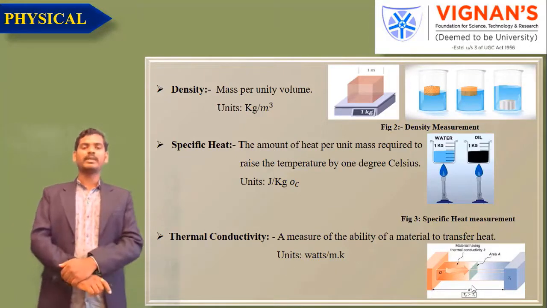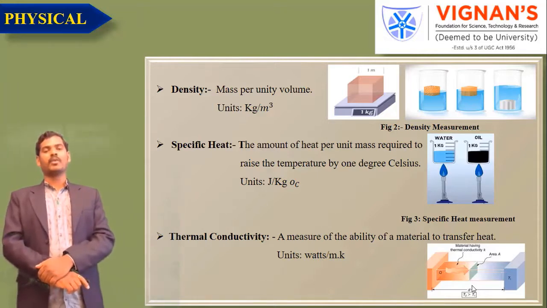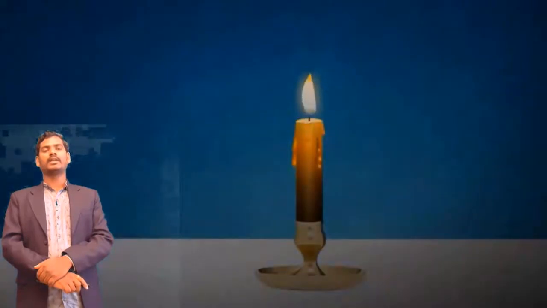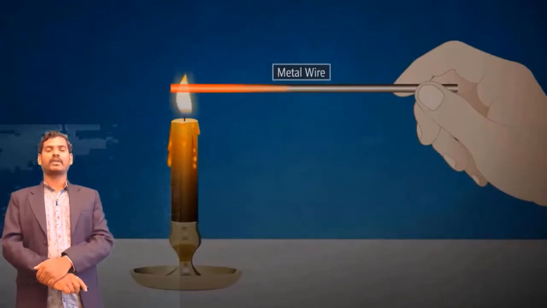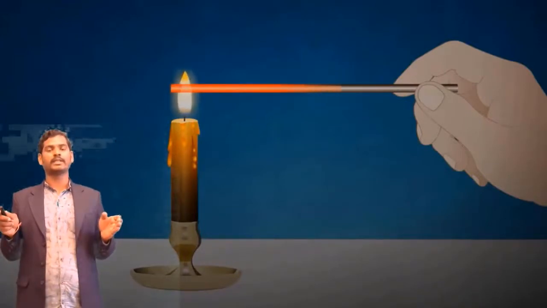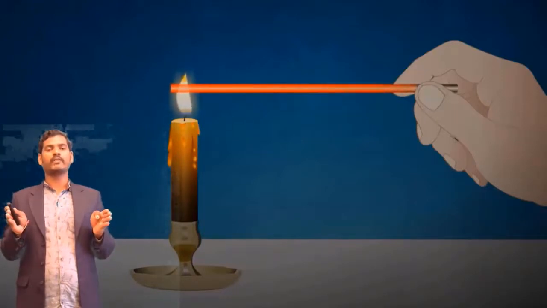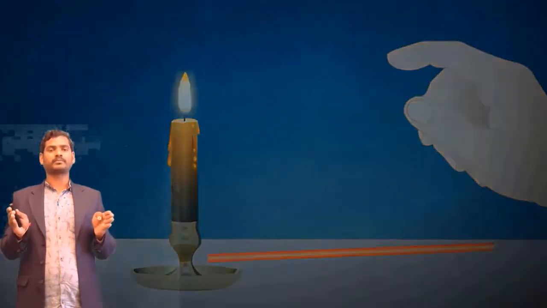Okay, then coming to thermal conductivity. What is thermal conductivity? A measure of the ability of a material to transfer heat. For understanding thermal conductivity, I am taking two bodies, body A and body B. These two bodies will be joined with a third body.